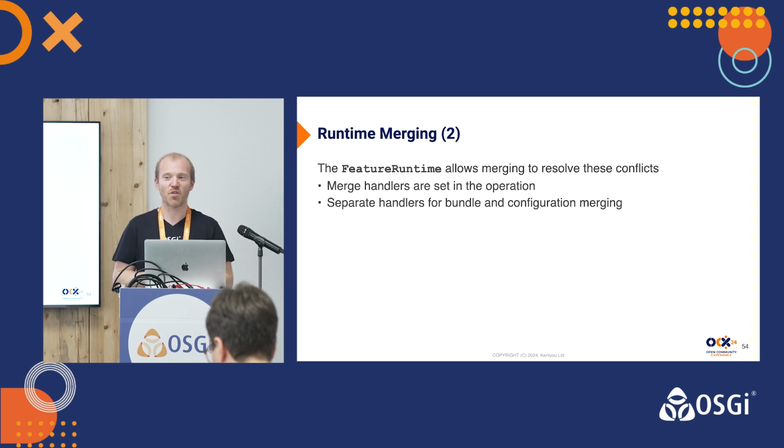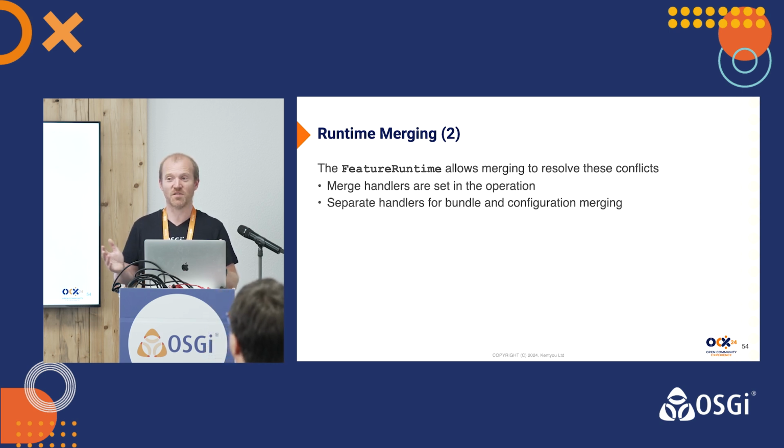There's probably no point in you having Jackson 2.16.0 and 2.16.1 and 2.16.2 all installed at the same time. You can probably fairly safely say we only need one of those versions. And it's up to you whether you say the one that's already installed is good enough, I want to be minimally disruptive, or I should use the newer one because newer is always better, or some mix of the two.